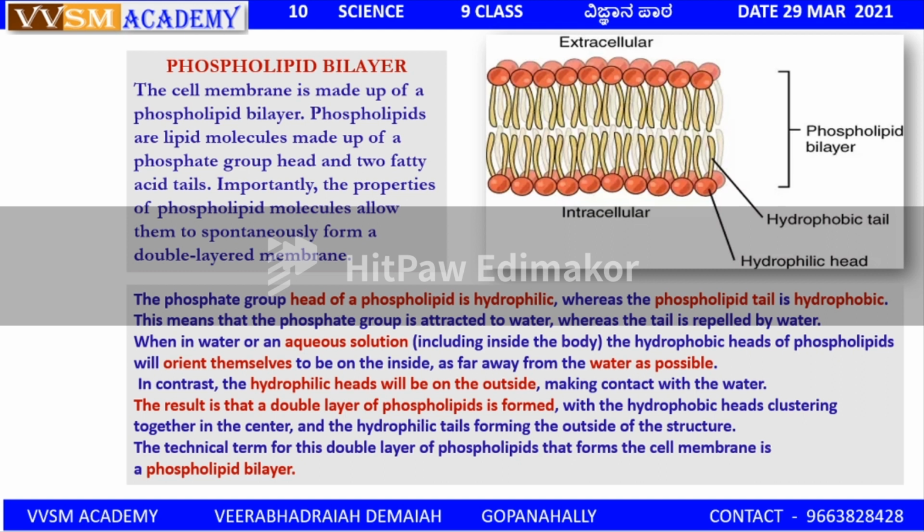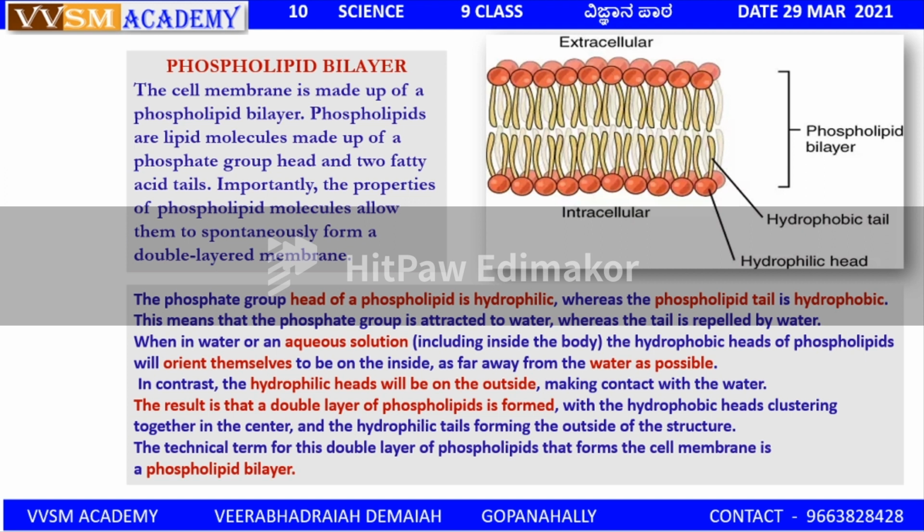In water or an aqueous solution, including inside the body, the hydrophobic tails of phospholipids will orient themselves, arranging themselves inside as far away from the water as possible. In contrast, the hydrophilic heads will be on the outside, making contact with the water.